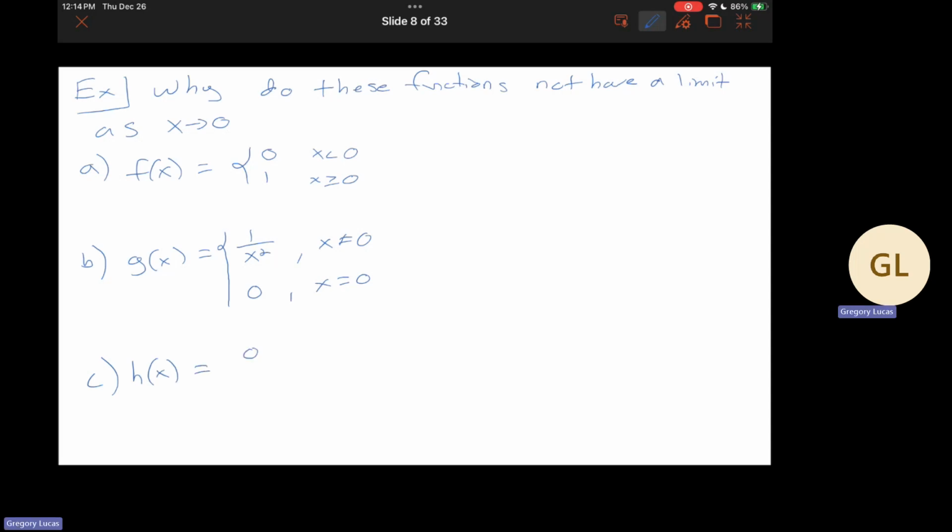We'll say h is 0 if x is less than or equal to 0, and sine of 1 over x if x is greater than 0. So go ahead, graph these functions. You can look them up in Desmos if you'd like. Any way you can see what they look like. And pause this video, try and think about it.